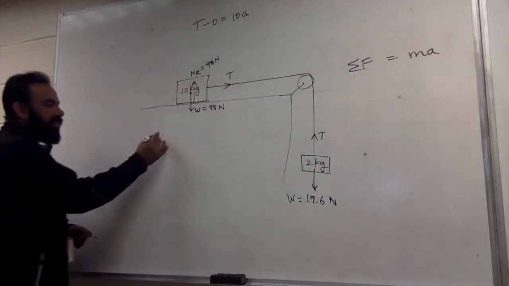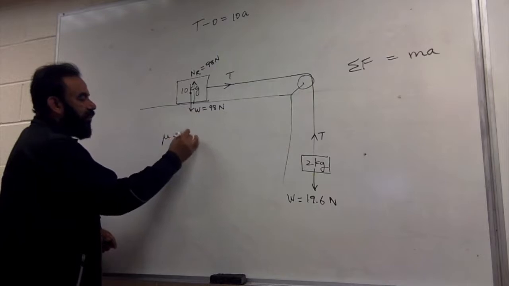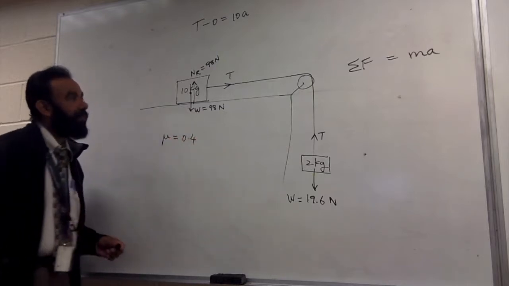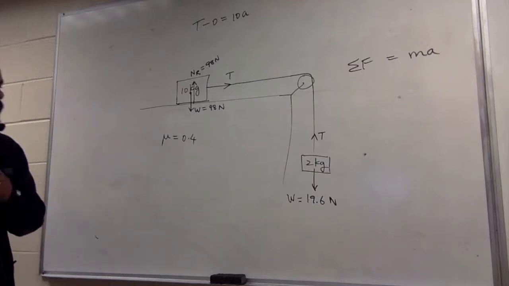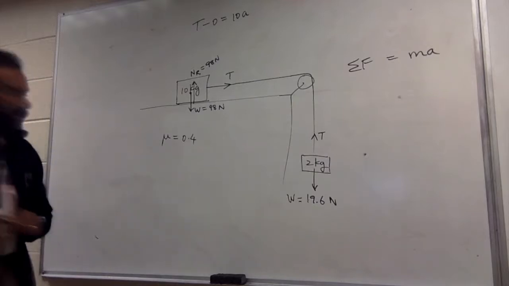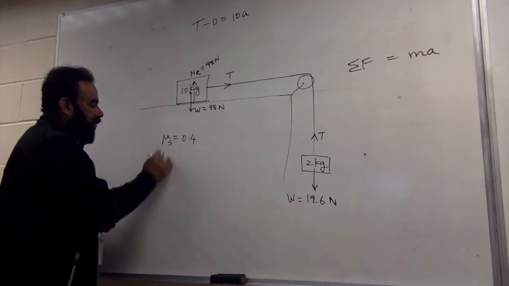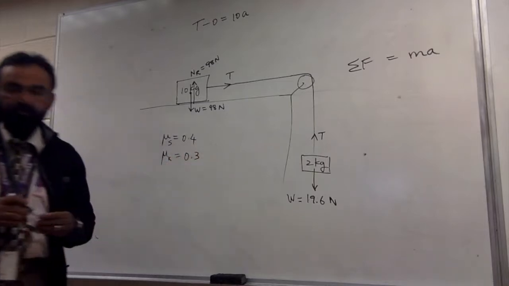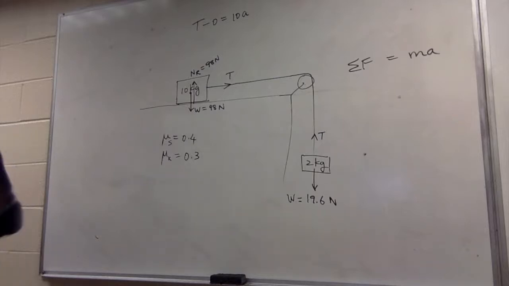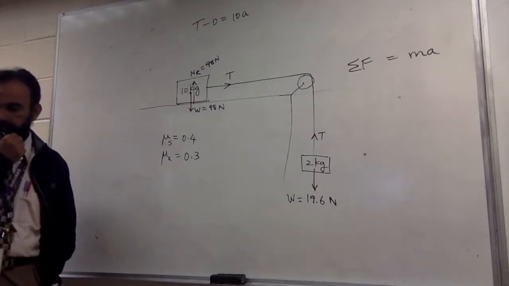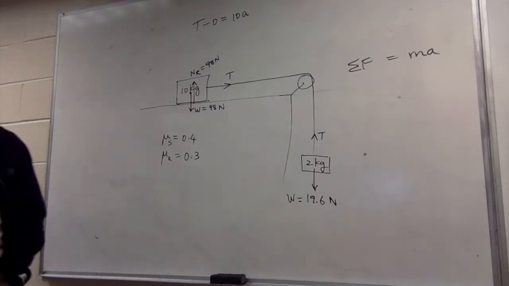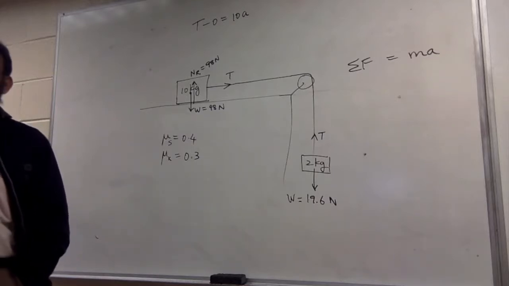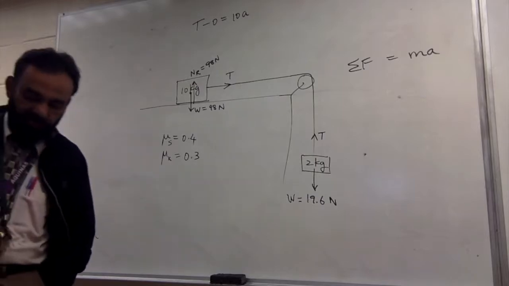Now let's say the coefficient of static friction is 0.4, and the coefficient of kinetic friction is 0.3. What's going to happen in this scenario? When I release the whole thing, what's going to happen? Tell me how much is the frictional force.